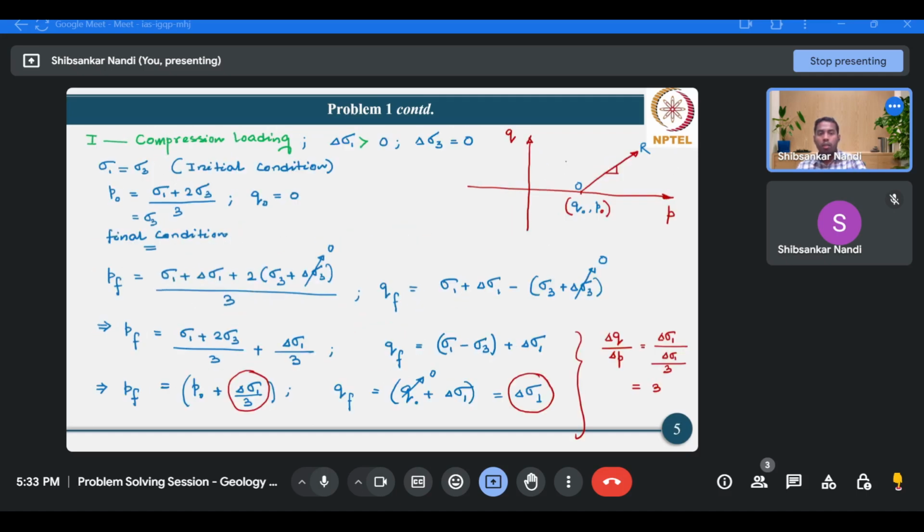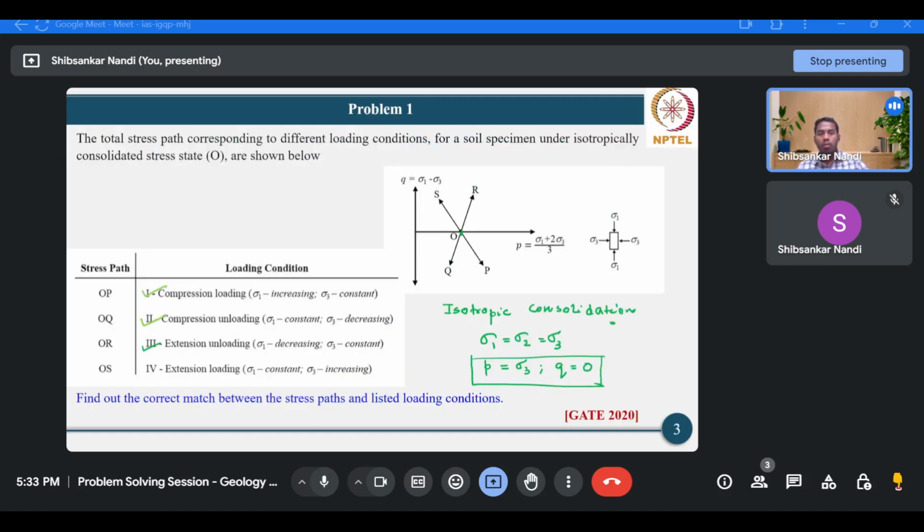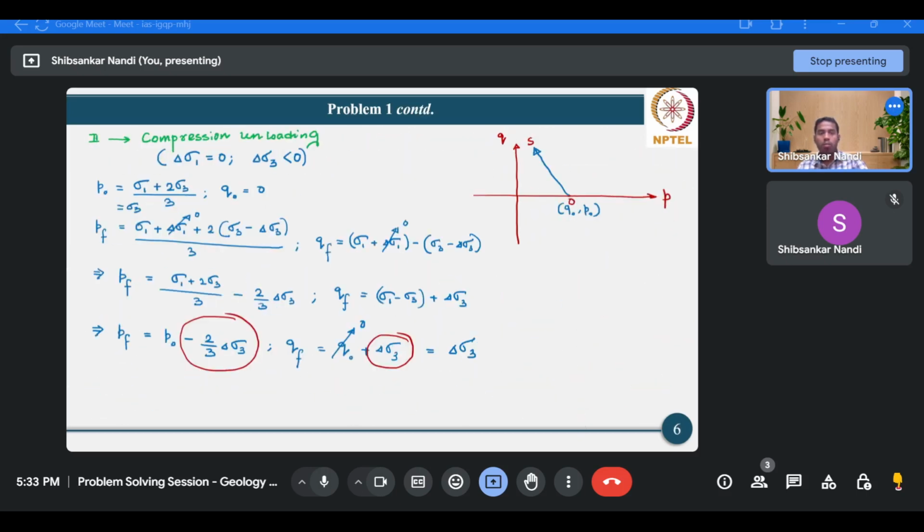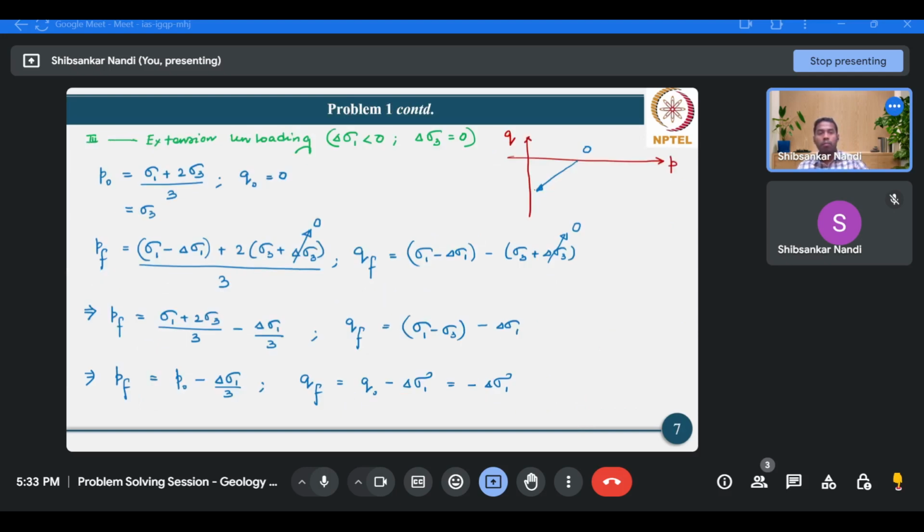Now if we compare this one with the given one, it will be OQ.